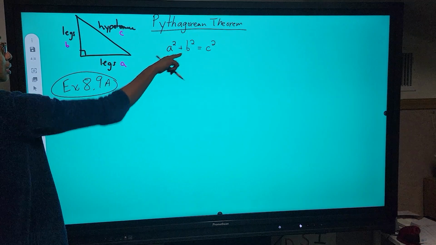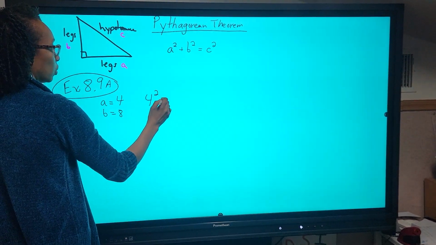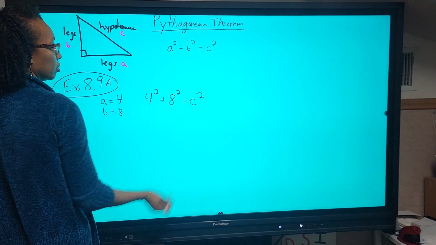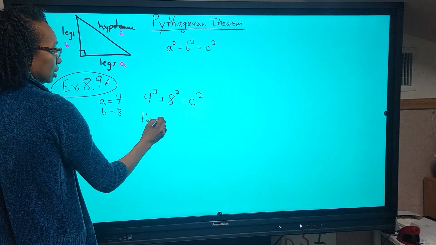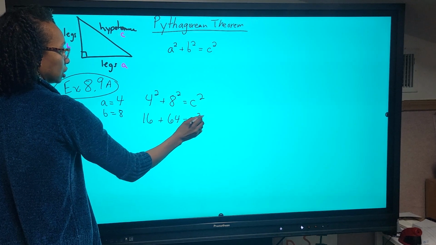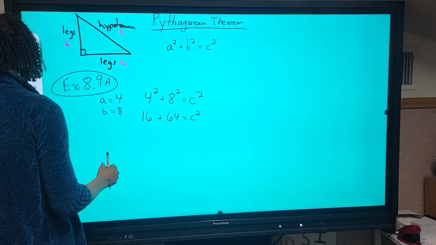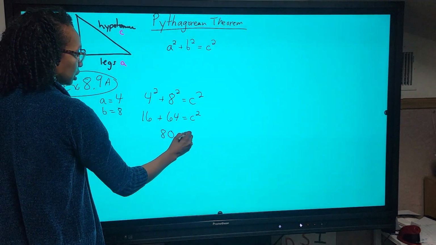We're going to plug it into this formula. 4 squared plus 8 squared should equal C squared. We square 4: 4 times 4 is 16. 8 times 8, 64, equals C squared. We add our 16 plus 64, and we get 80 is equal to C squared.